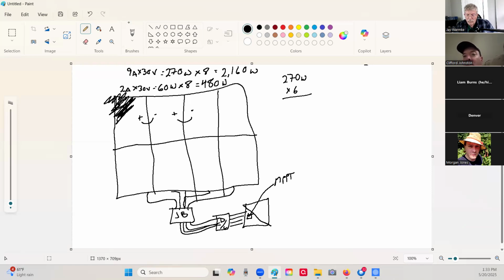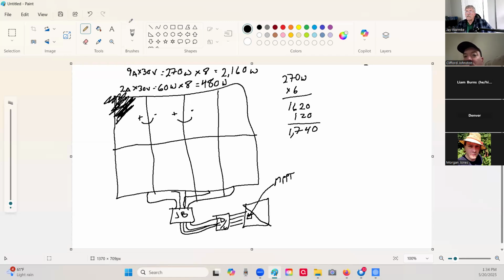So that's going to be 270 times 6, 1620. This string is going to be affected, so it's going to be 60 times 2, or 120. So now we're at 1740. So by having 4 MPPTs, we were able to minimize the effect of that shading. Instead of dropping to 480, we're now just dropping to 1740. Still affected us, but not as dramatically.